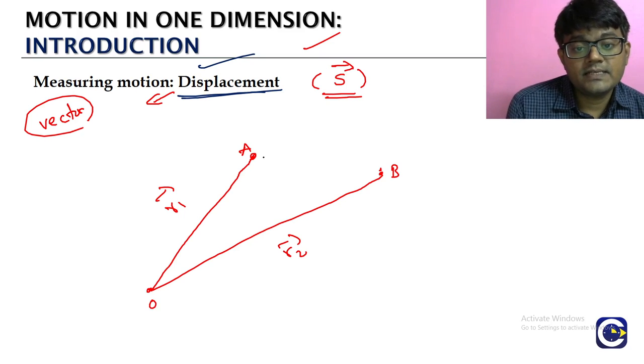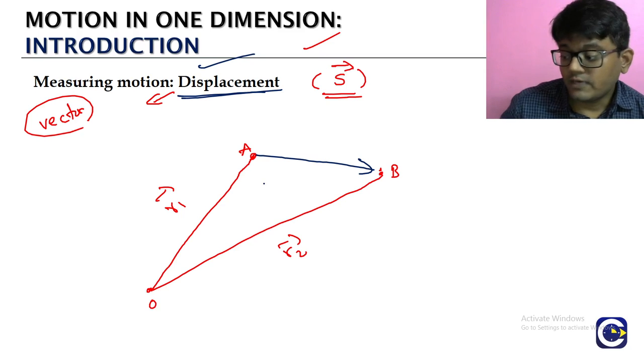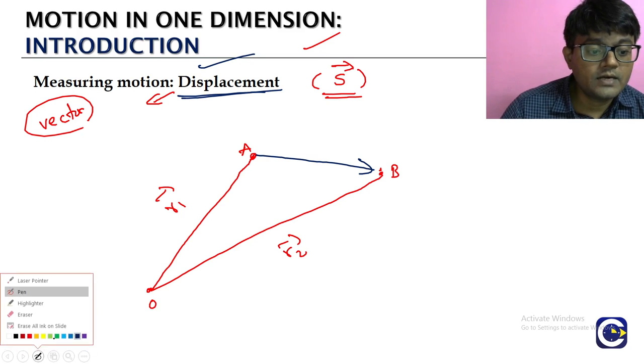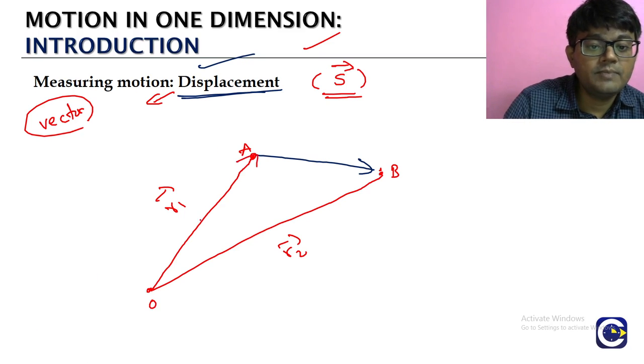It is the vector represented from the initial point to the final point, so we represent a vector like this. Now we have to indicate the directions of R1 bar and R2 bar. The initial position vector will be from the origin towards the initial point. The final position vector will be from the origin to the final point.